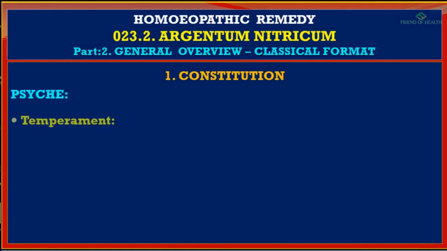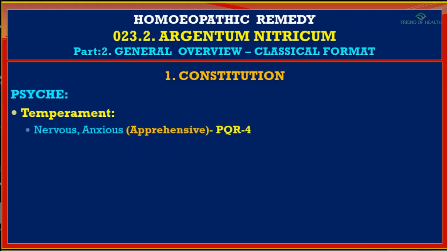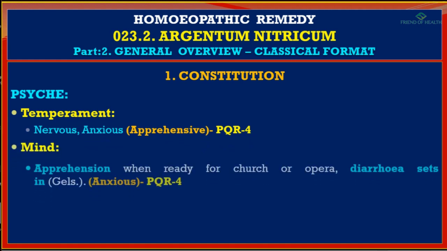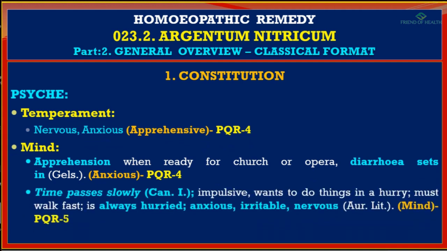The psyche part of the constitution is the temperament, and Argentum nitricum is a nervous, anxious, apprehensive person. Mentally, apprehension: when ready for church or opera, diarrhea sets in. It is similar to Gelsemium. Time passes slowly, similar to Cannabis indica.